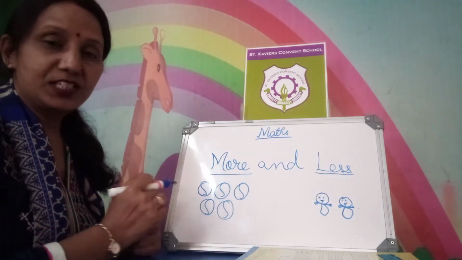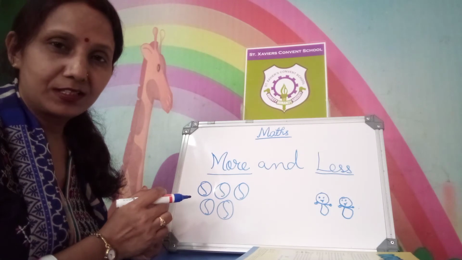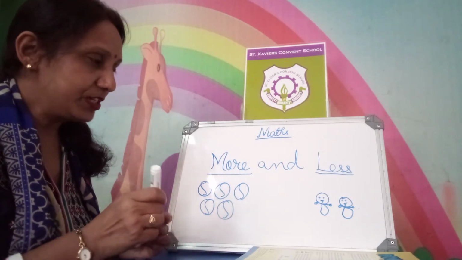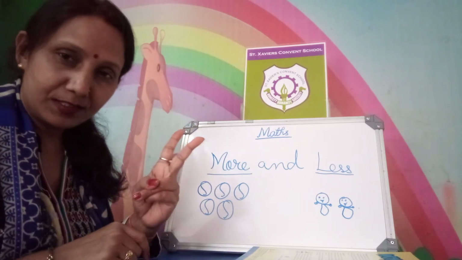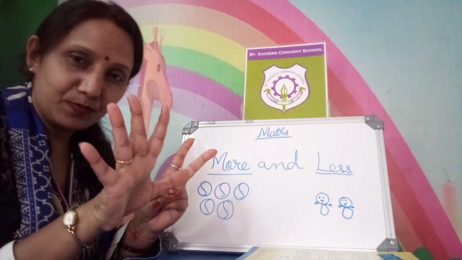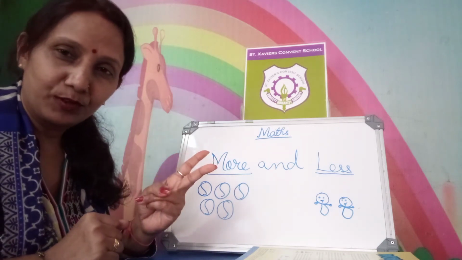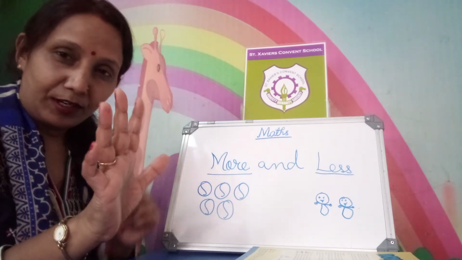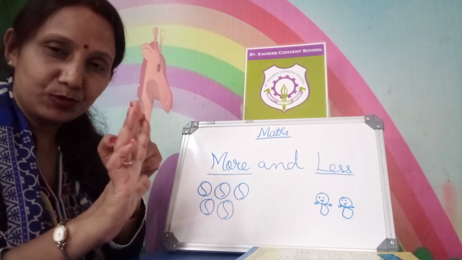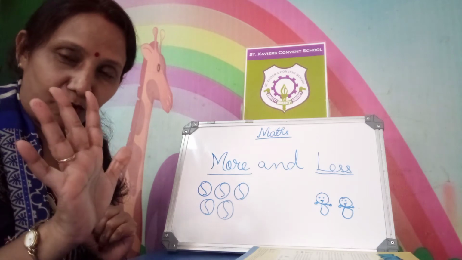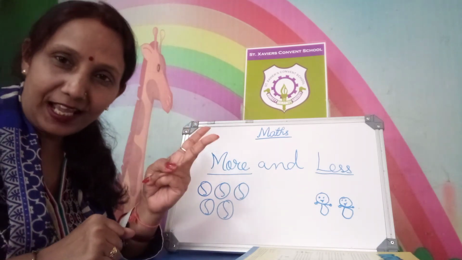So, which is more? More means zyada. Alright? So, which one is more? 2 is more or 5 is more? 5 toffees are more or 2 toffees are more? 5. This one is more. 1, 2, 3, 4, 5. 5 is more and 2 is less.